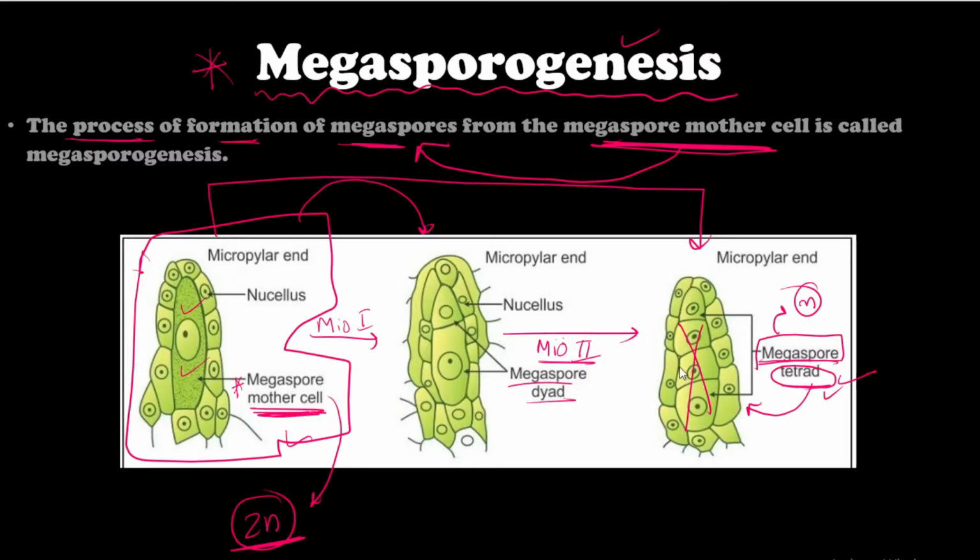Disintegrate in the sense that three cells will die. As a result, the survived megaspore gets converted into the embryo sac. That is what we are going to discuss in the next slide.